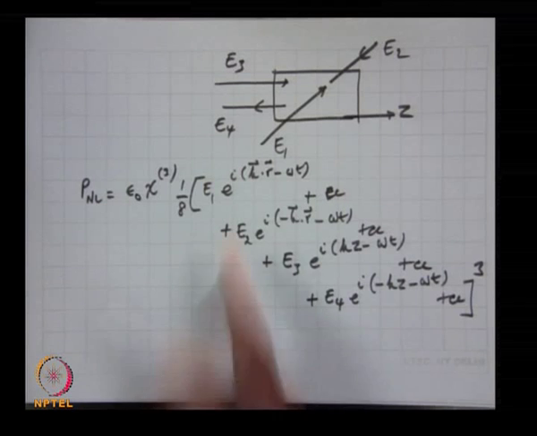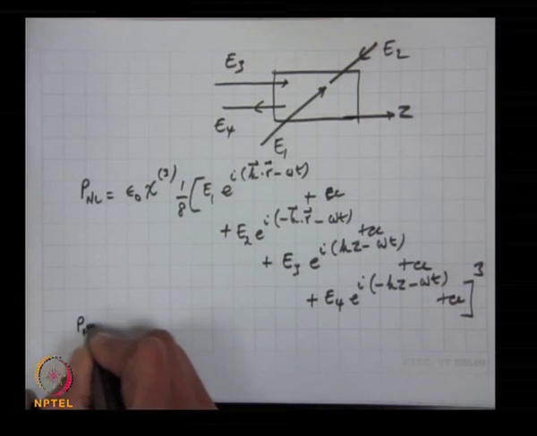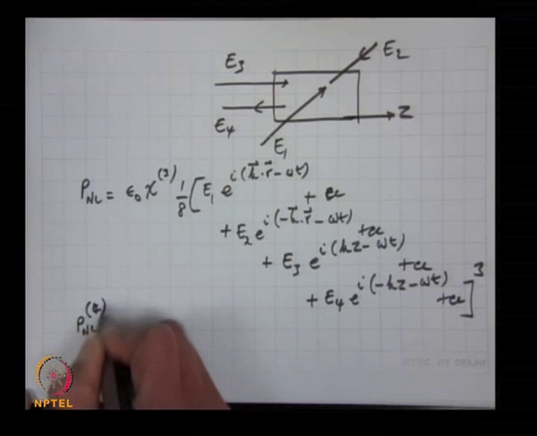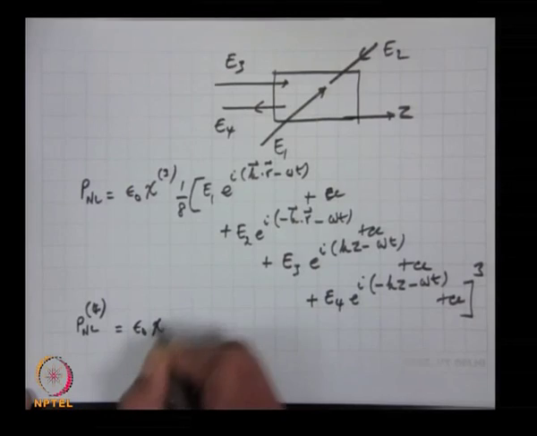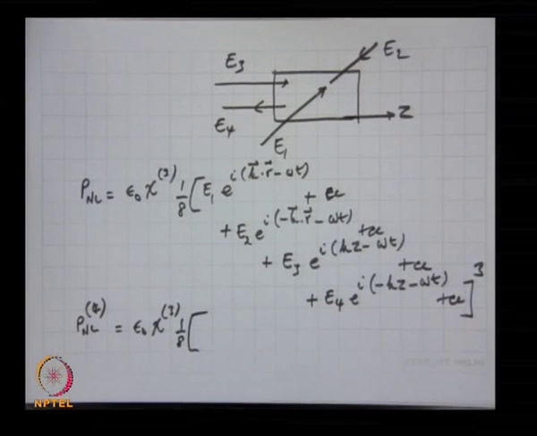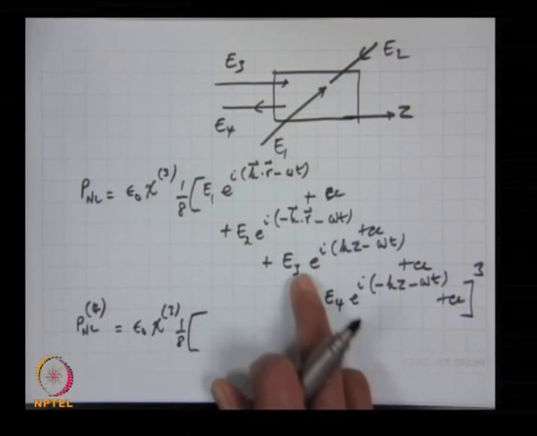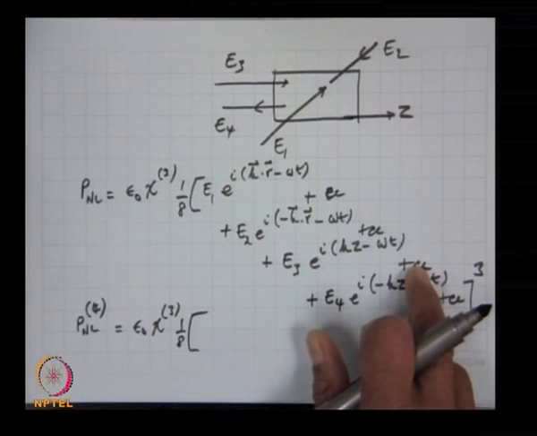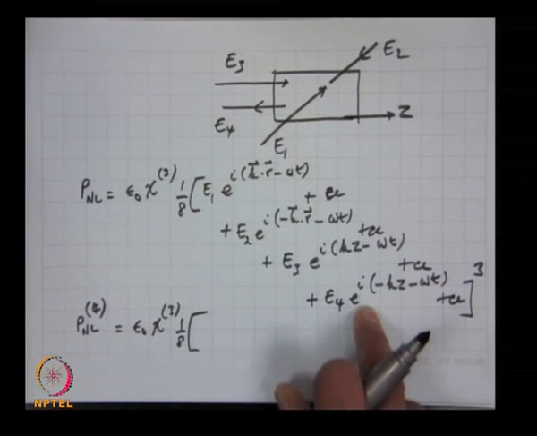So now if you take a cube of this, for example, if I want to calculate the nonlinear polarization corresponding to the fourth wave, this is equal to epsilon 0 chi3 1 by 8. If I multiply this first term, this term, and the complex conjugate of this term, I get the term corresponding to exponential i (minus kz minus omega t).